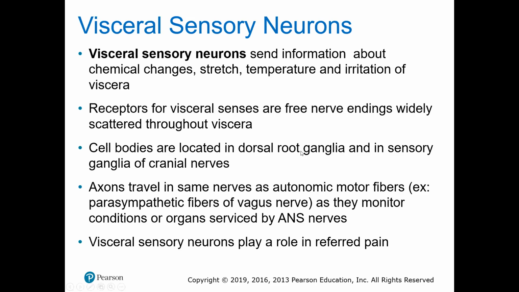So these visceral sensory neurons, since they're traveling the same pathways as the autonomic motor axons, are giving us false signals. That motor neuron is traveling from the vagus nerve, stimulating the heart rate or slowing down the heart rate.